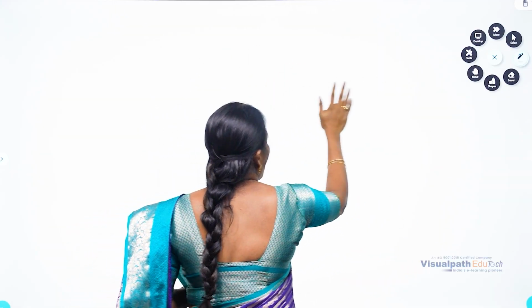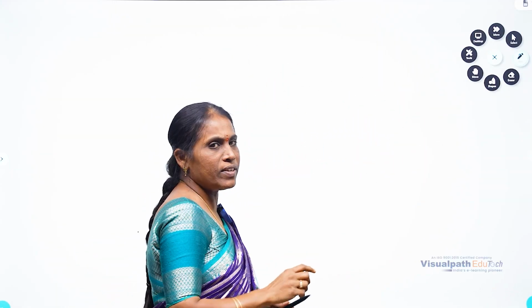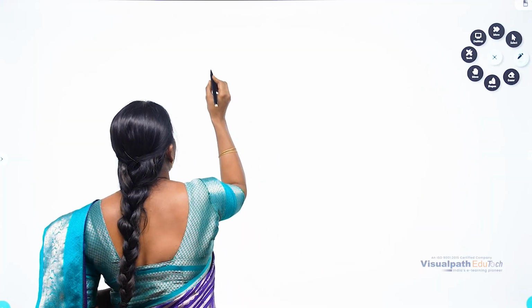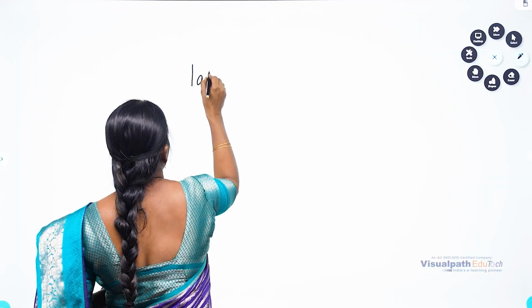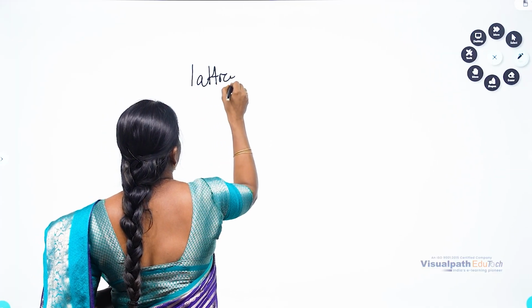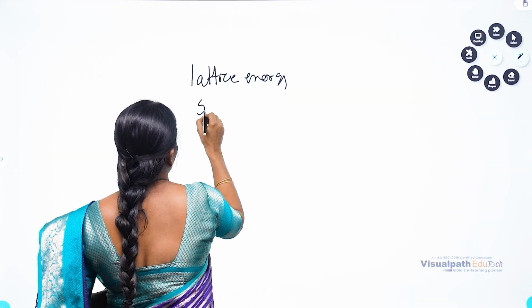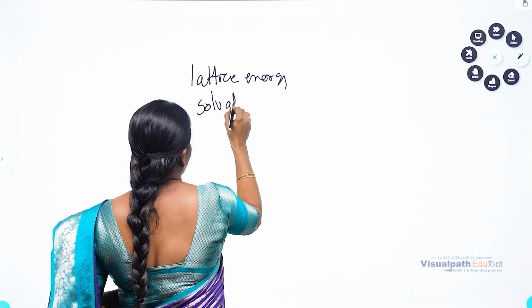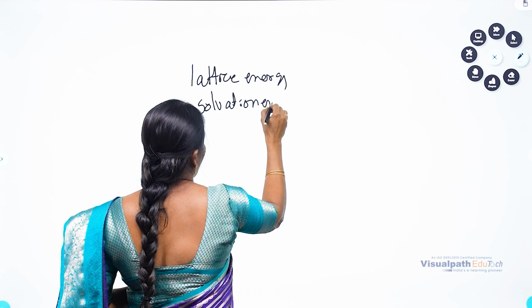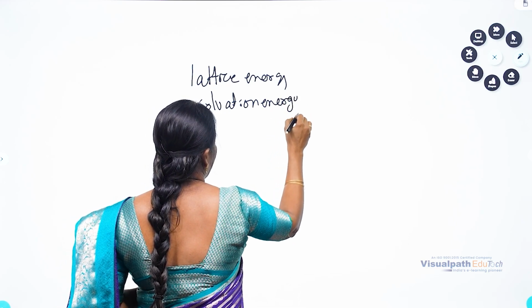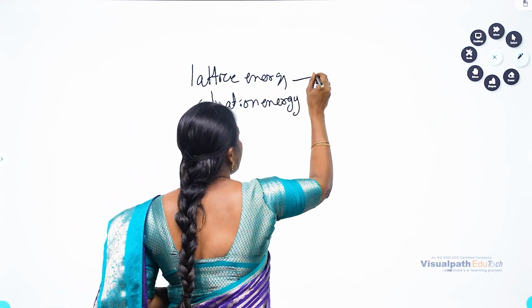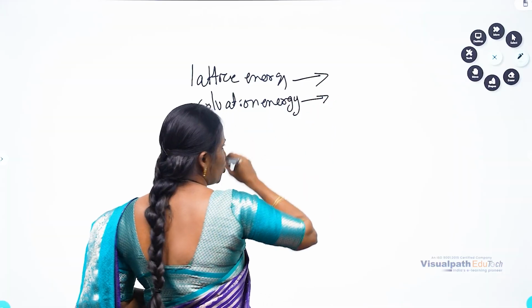In these ionic solids, we see two types of energies. One is the lattice energy, and the next is the solvation energy. What is lattice energy and what is solvation energy?